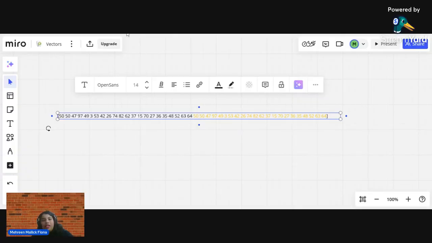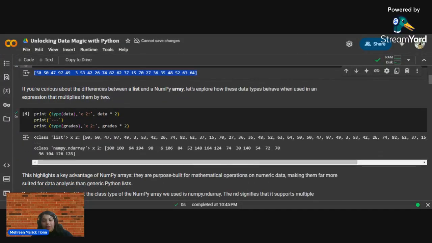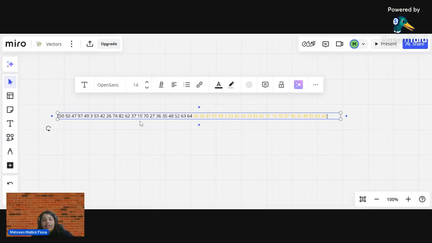But in the case of an array, it is a bit different. Let me check if I'm showing the right window. Yes, I'm showing the right window. As I said, when I multiply a list, it is basically repeating, copying the list wholly and adding it at the very end.